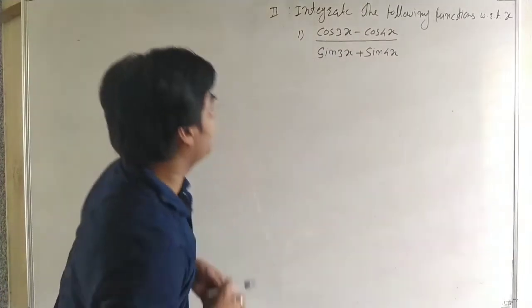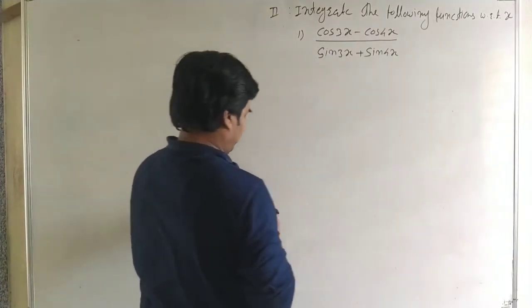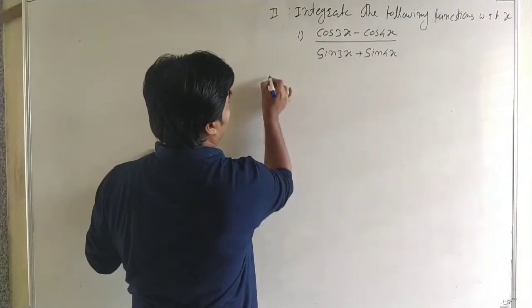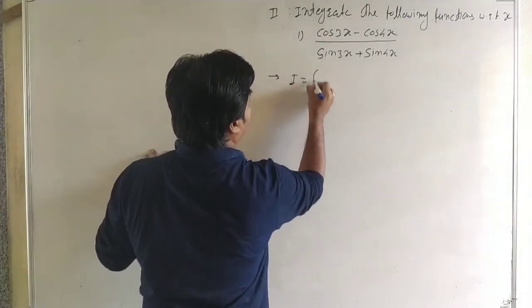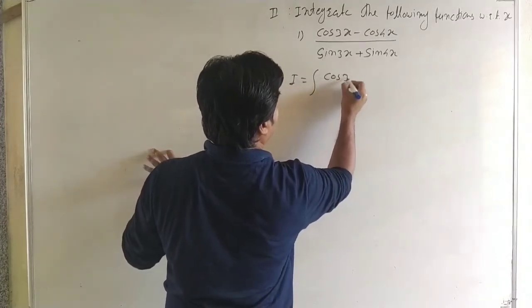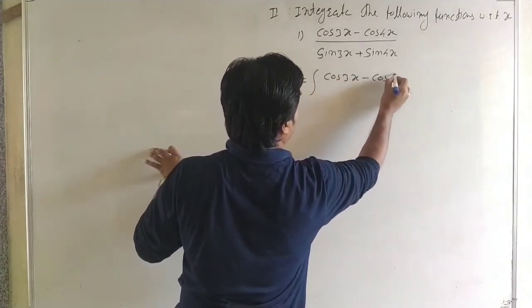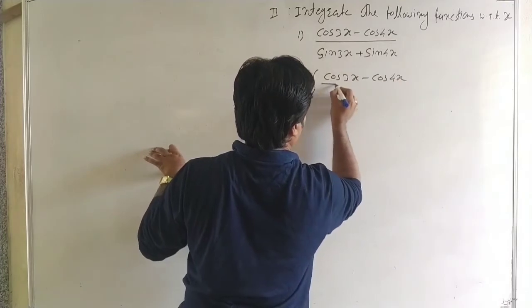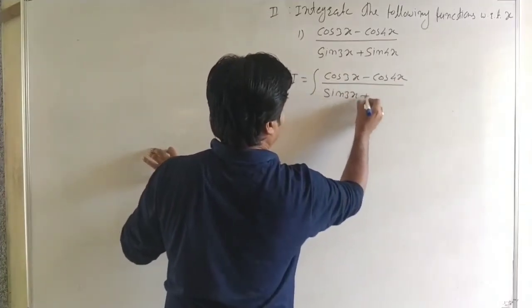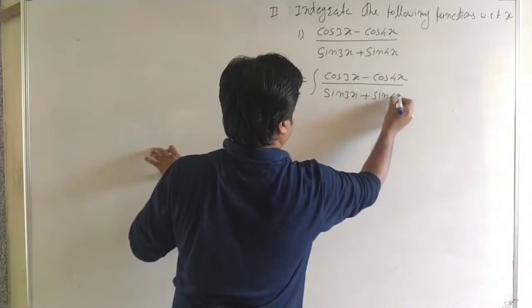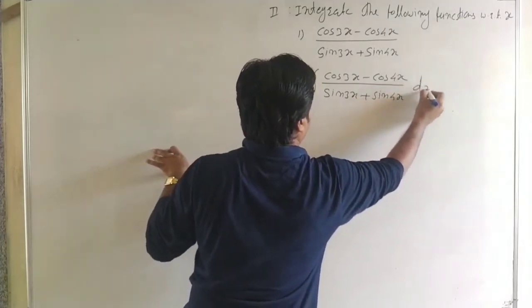Now we integrate this: integral of cos 3x minus cos 4x upon sin 3x plus sin 4x with respect to x.